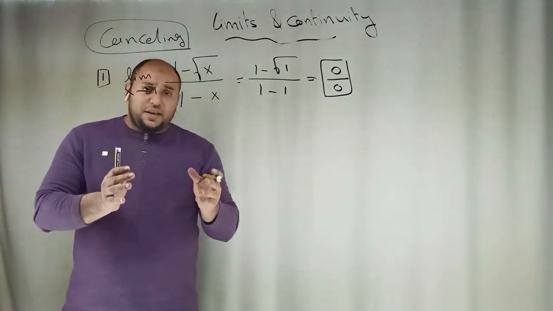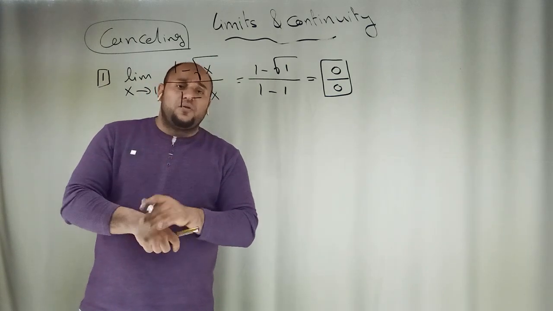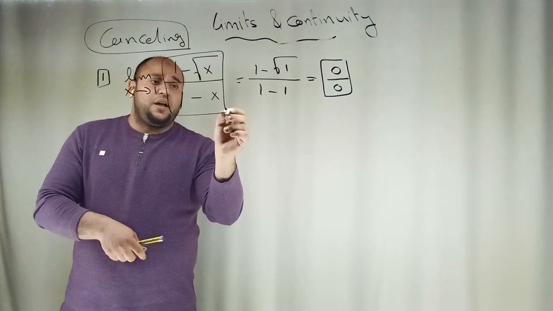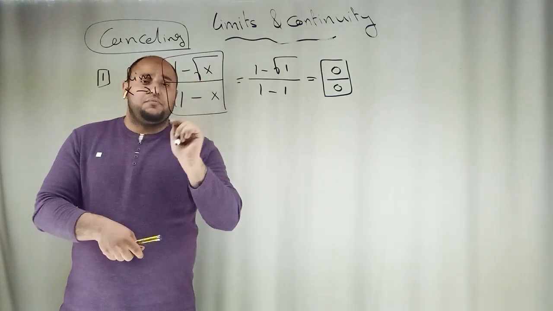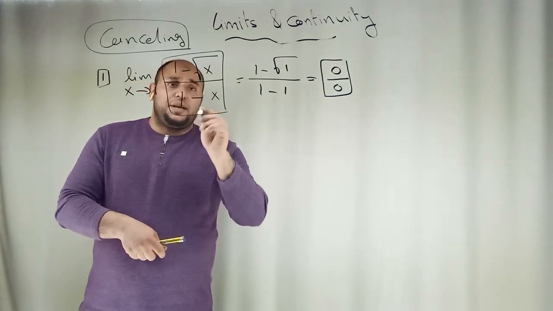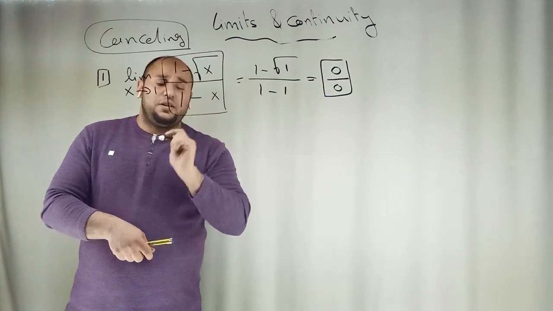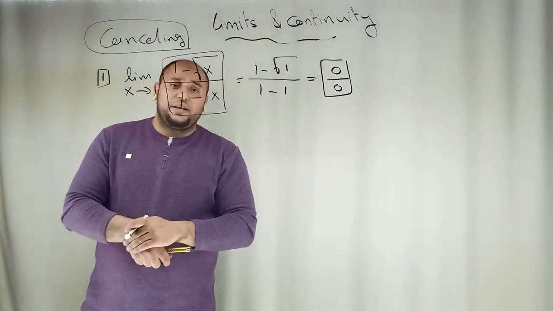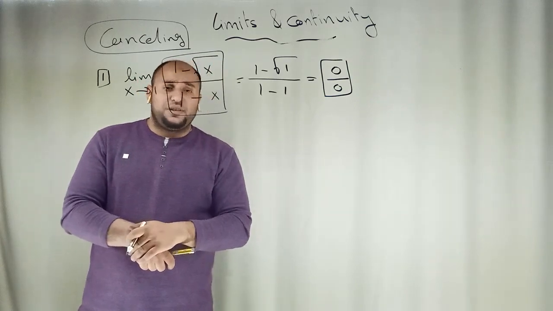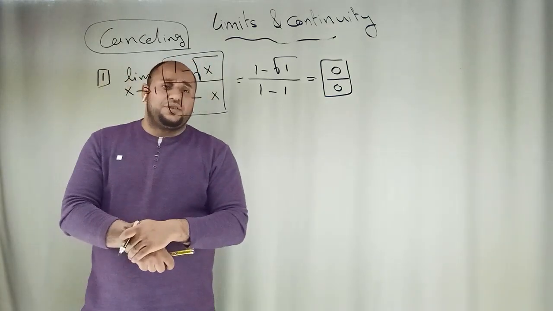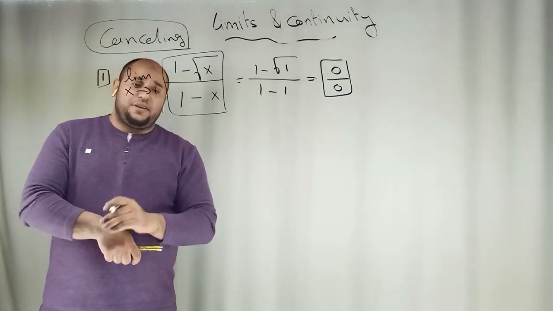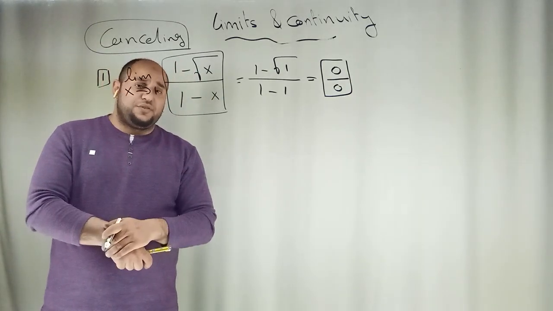For the cancelling method, I will look at the function here. I need to make some simple cancelling for the numerator and the denominator. In the numerator, I have a square root, I can't make any fraction or factorization for this. I will look at the denominator, 1 minus x, I have to make factorization for this.